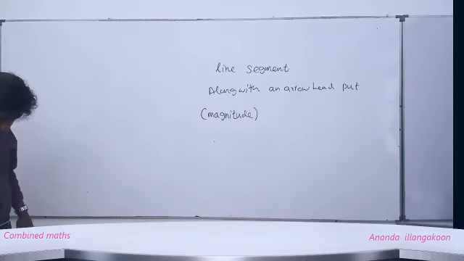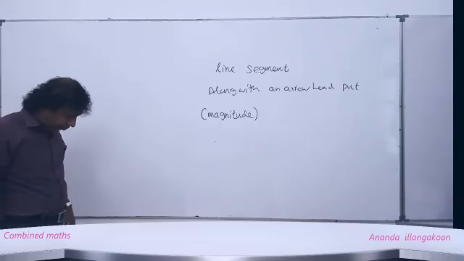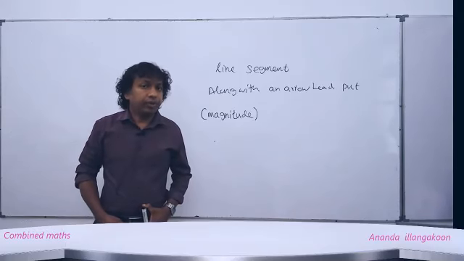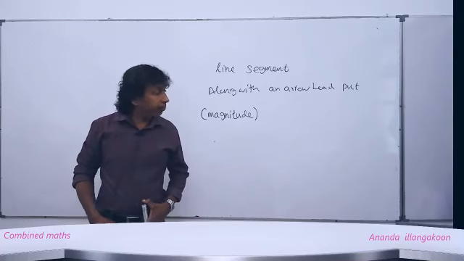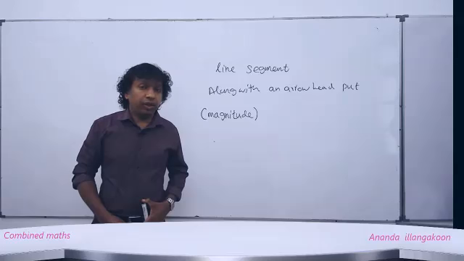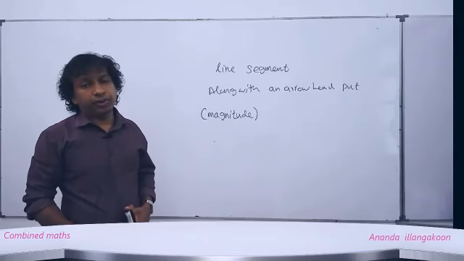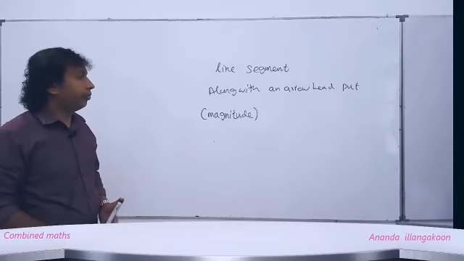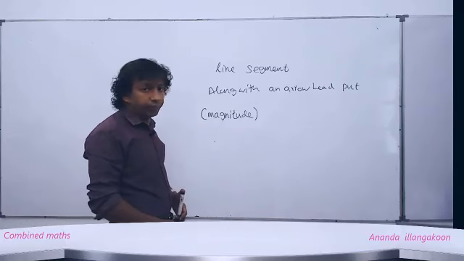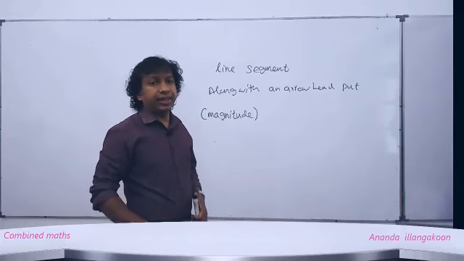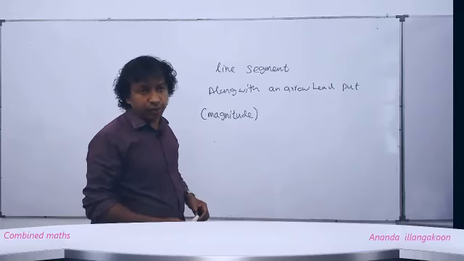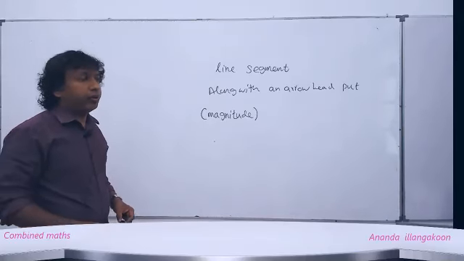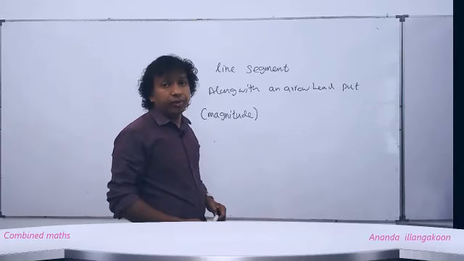Write this in the same sentence, same line. The arrowhead is put on this line to the exact direction of the vector.